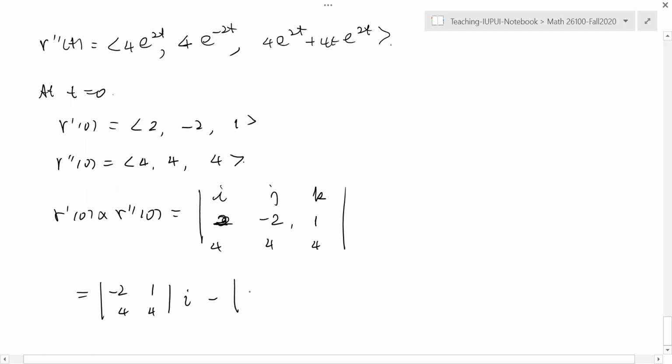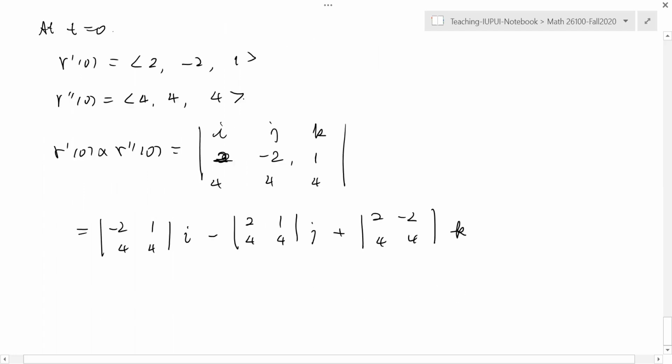The second component, j, is 2, 1, 4, 4, and then in the middle we have to change the sign. And the third component. So here I got negative 12i, and this one is negative 4j, because 2 times 4 is 8, 8 minus 4 is 4. And this will be 8 minus negative 8, so it'll be 16k.